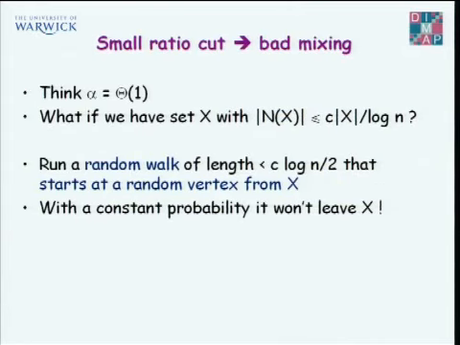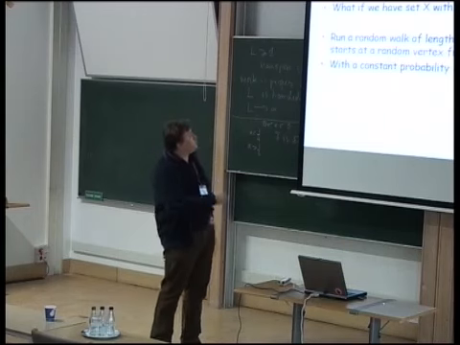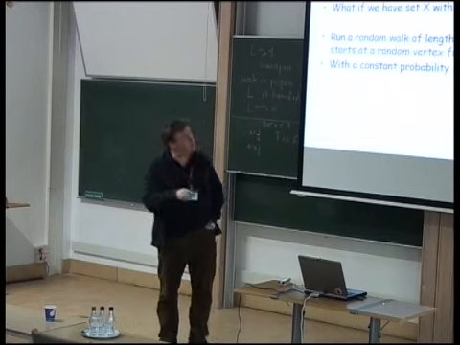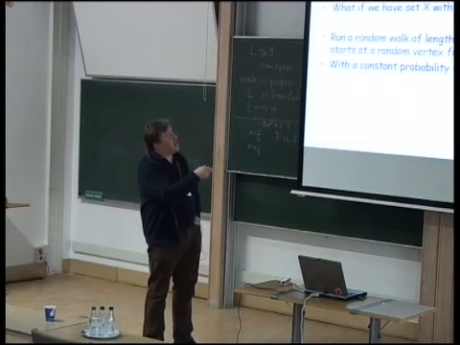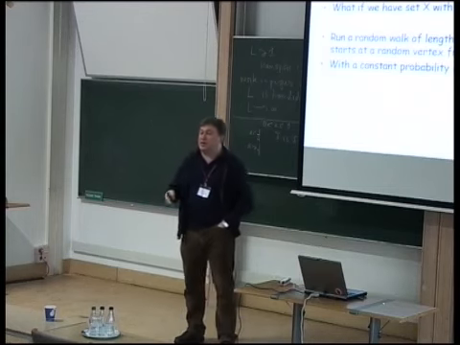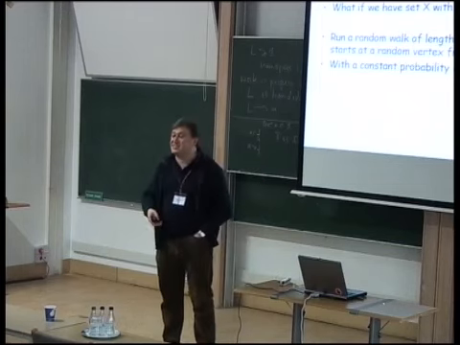This is where we use some easy properties of random walks. Suppose that alpha is a constant, and suppose that we have some set X with neighborhood at most c over log n times the size of the set.